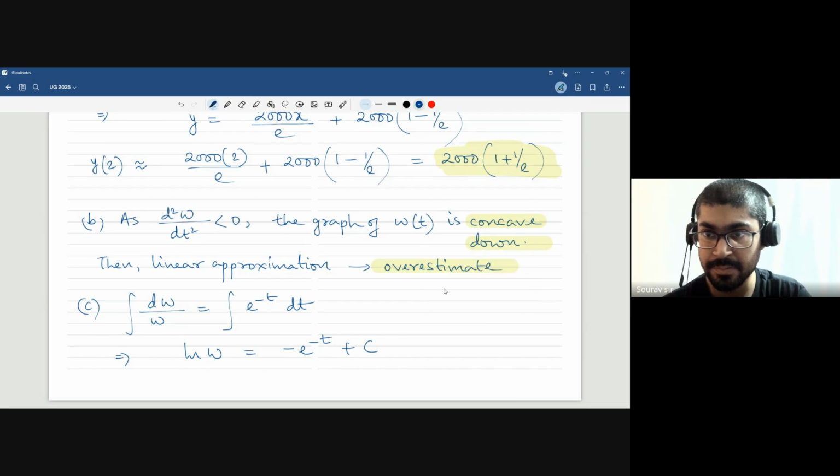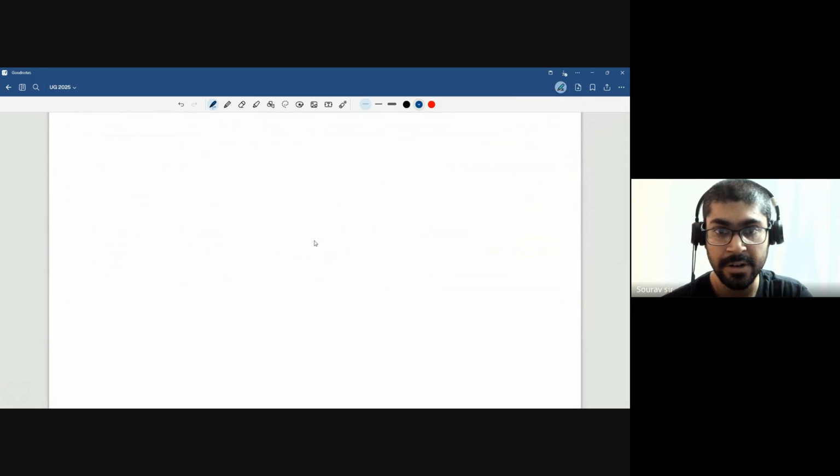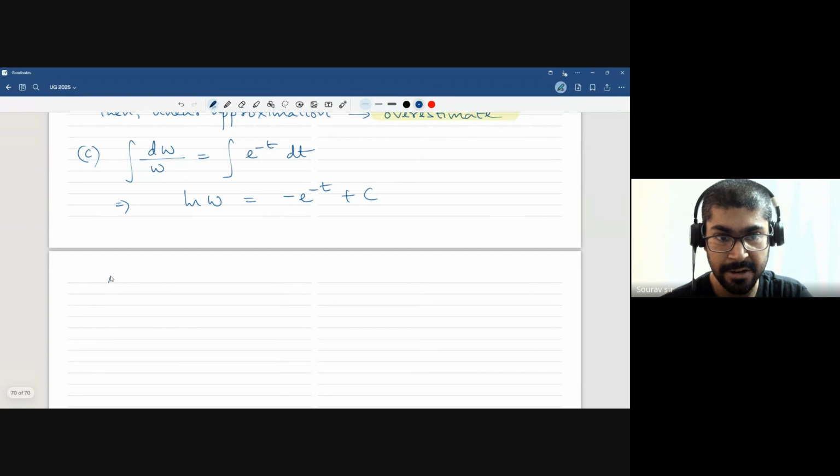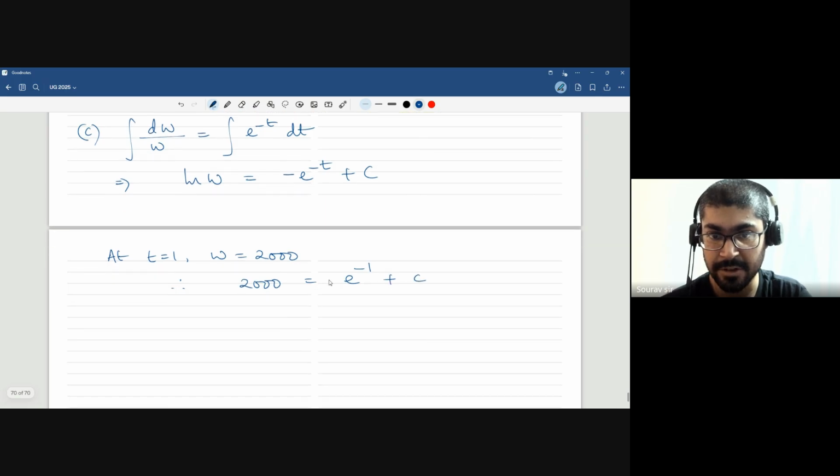We have W equal to 2000 at t equals 1. Therefore 2000 equal to minus e to the power minus 1 plus c. Okay, this is also minus. So c is equal to 2000 plus e to the power minus 1.